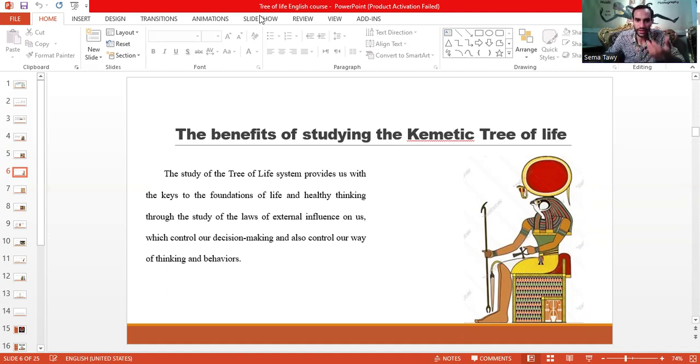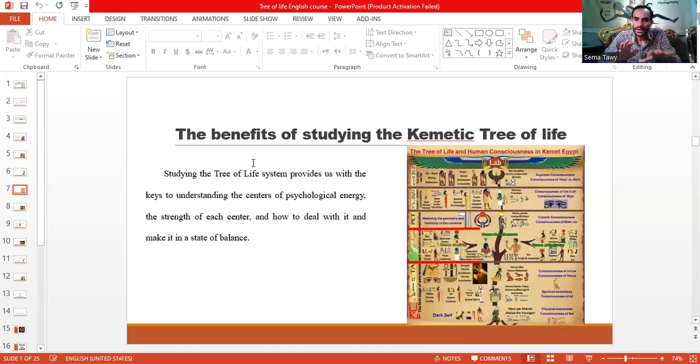We will study the laws of external influence on us, which control our decision making and also control our way of thinking and behaviors. We will start to study a lot of things that affect our mind and our concept in life. So our concept will change, our life will be better, our life will succeed.